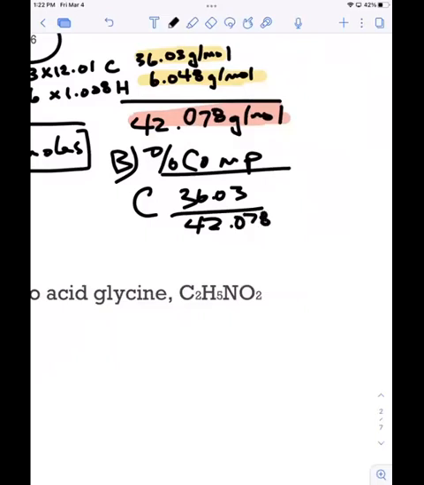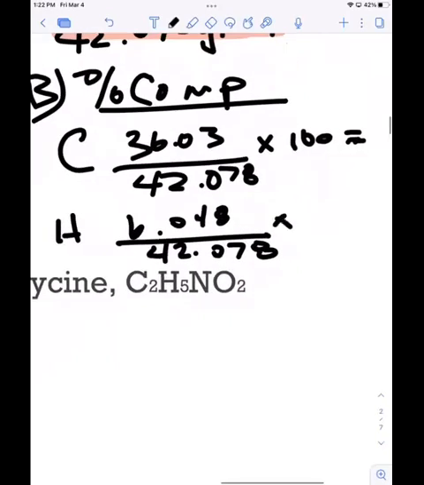And we multiply that times 100, that's going to give me my percentage. And then for hydrogen, it's the same thing, 6.048 divided by 42.078. Both units are grams per mole, but they're going to cancel. What's the top one?